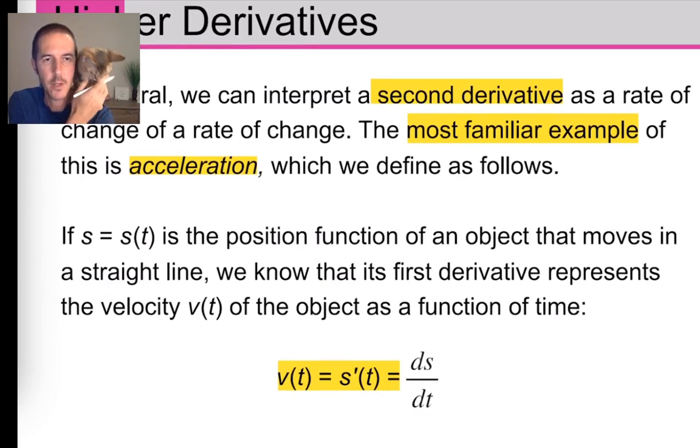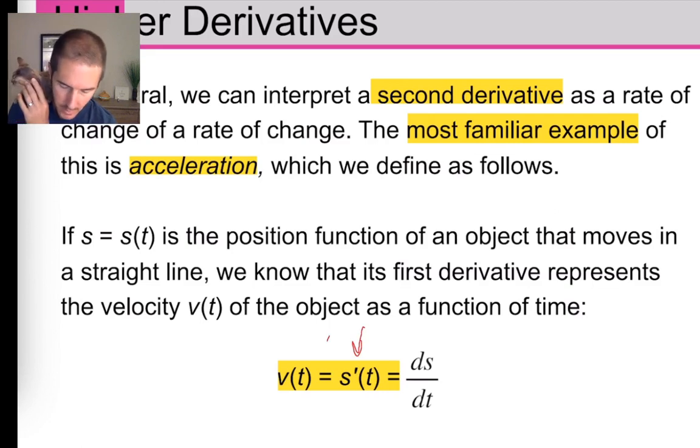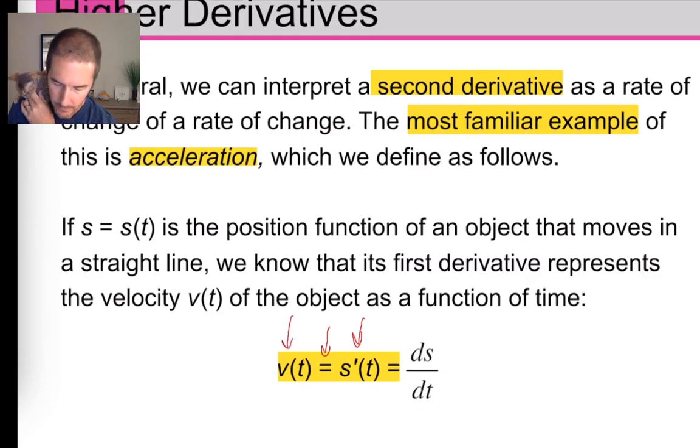If your position equation is lowercase s, then what we're seeing at the bottom of the screen here is that s prime of t, the first derivative of your position function, is your velocity equation.